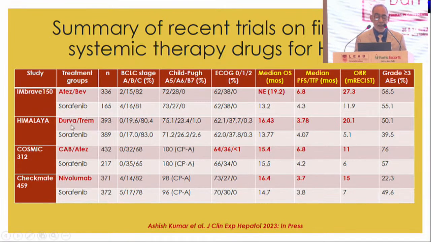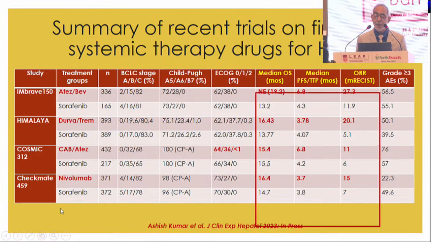The HIMALAYA study on durvalumab and tremelimumab, the STRIDE combination, and in all of them the control group is sorafenib. COSMIC-312 is cabozantinib and atezolizumab, again with the same control group, that is the standard of care, and CheckMate 459 compares nivolumab with sorafenib.